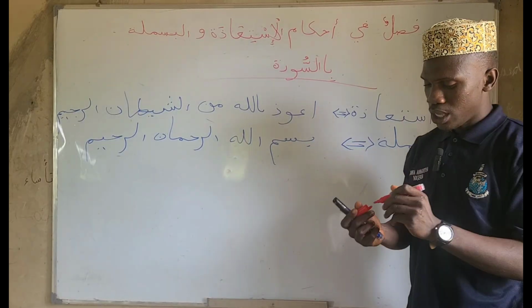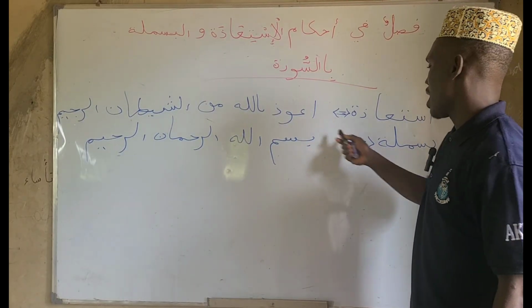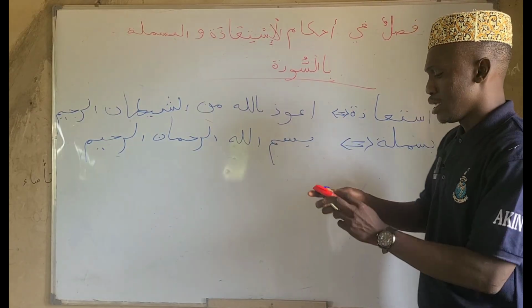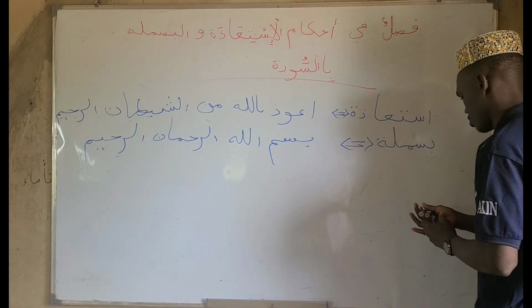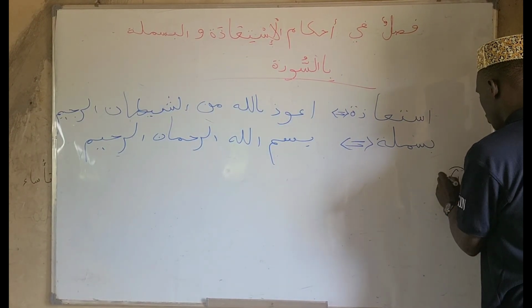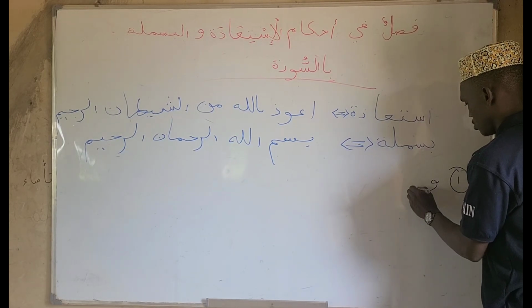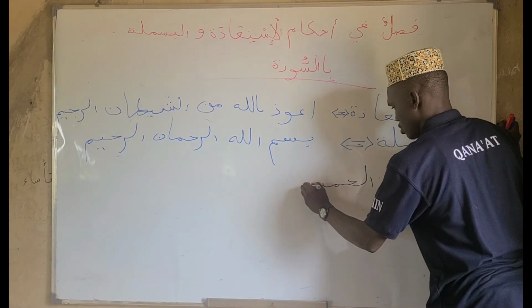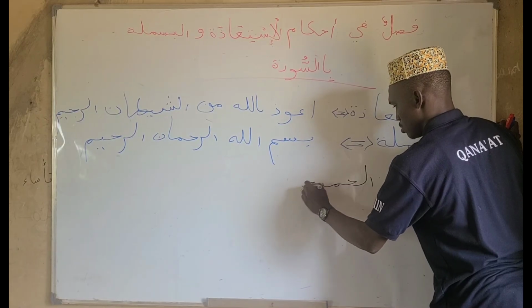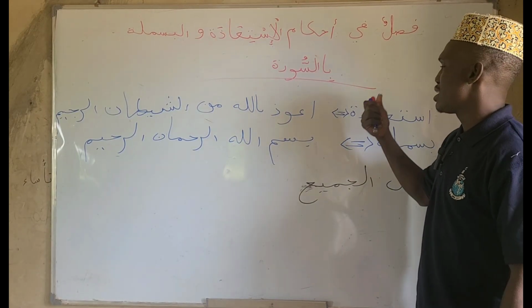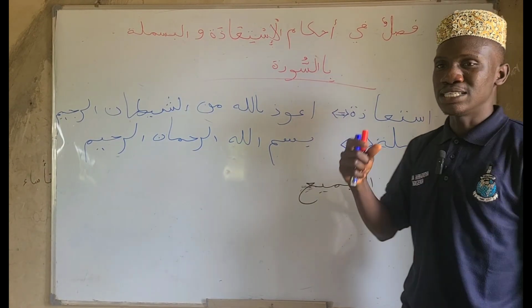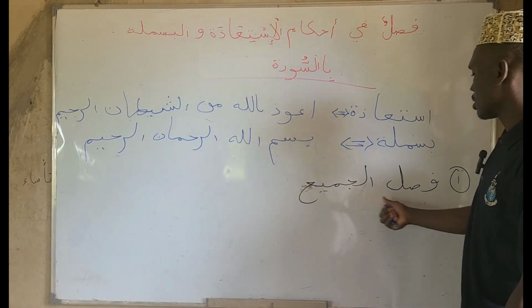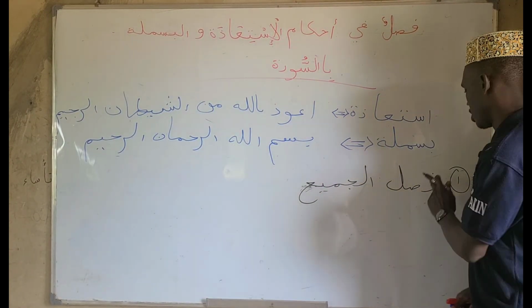The first way in which you can read Isti'ādhah with Basmalah and any verse of the Holy Quran is number one, Waslul Jamir.